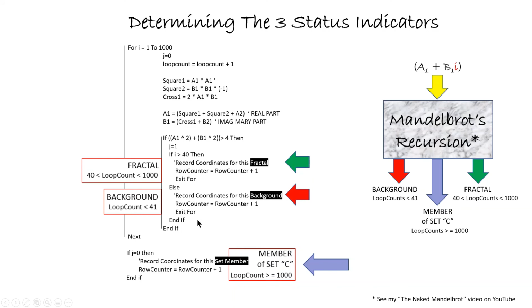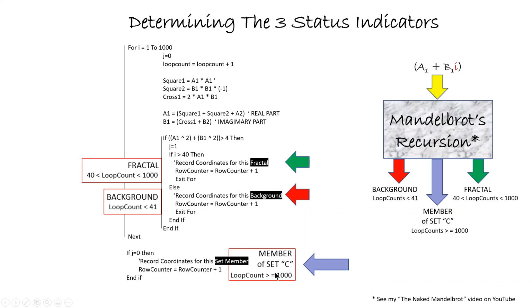Okay, less than 41, greater than 0, and they're red or white in the case of the example that we were using. So that takes care of the fractals and the background points.